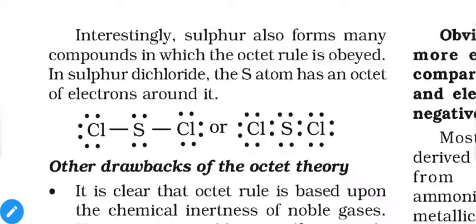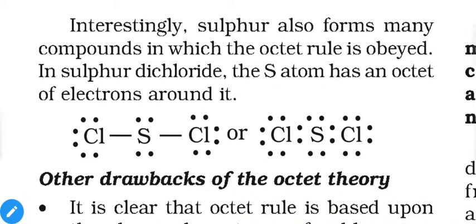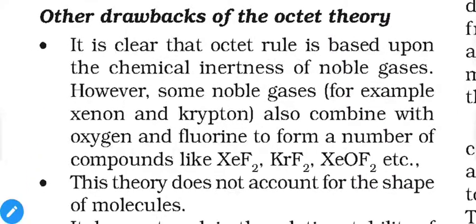So just like sulfur, phosphorus also follows the octet rule in some cases but not in each and every case. If it uses d orbitals, it does not follow the octet rule, but if it is using only s and p orbitals, then it does follow the octet rule. Now, another drawback of this theory is that the octet rule is based upon the chemical inertness of noble gases.